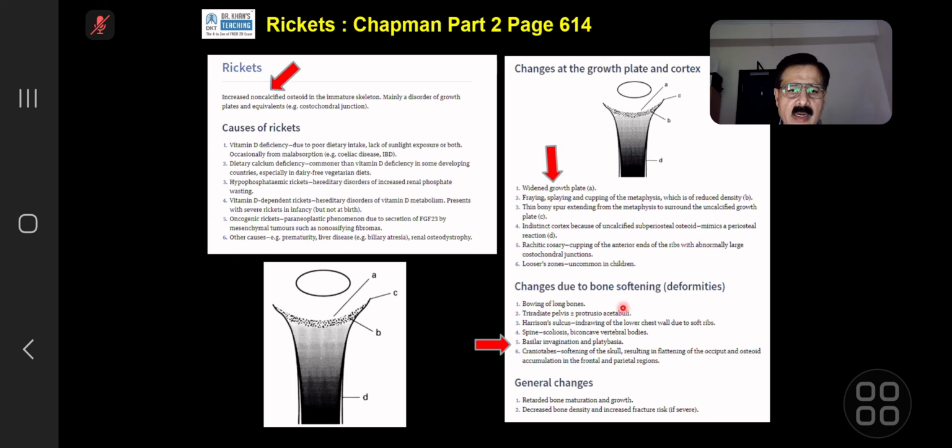And even here it is written, indistinct cortex because uncalcified subperiosteal osteoid mimics a periosteal reaction.